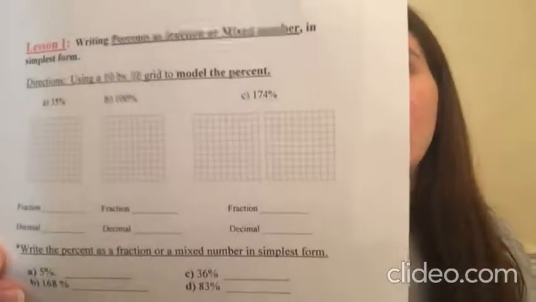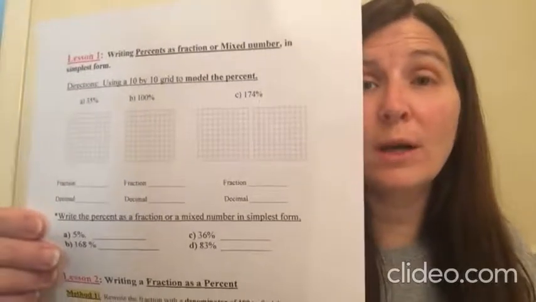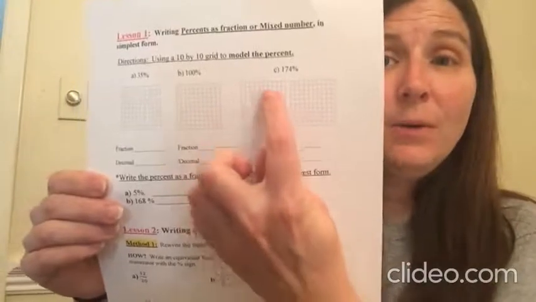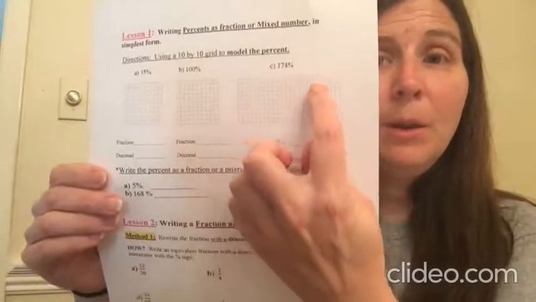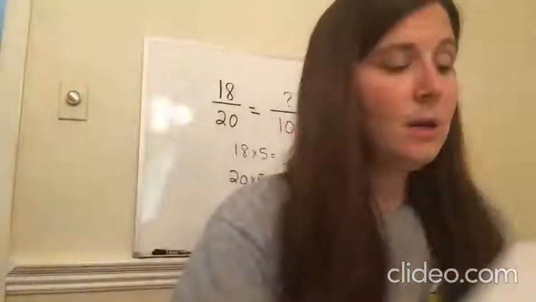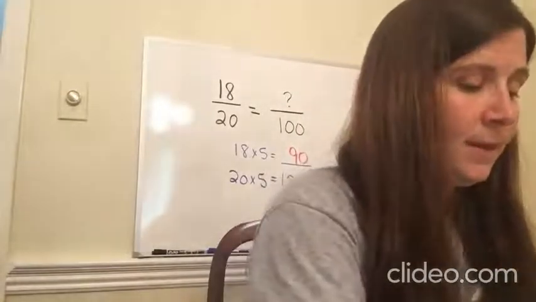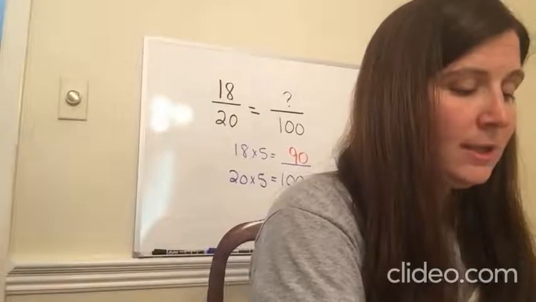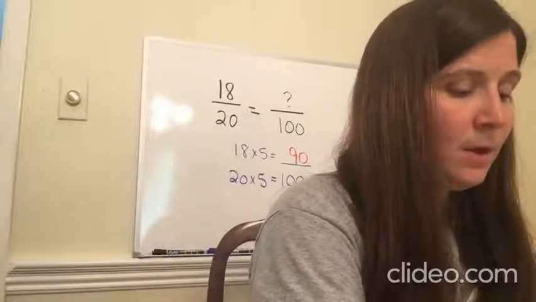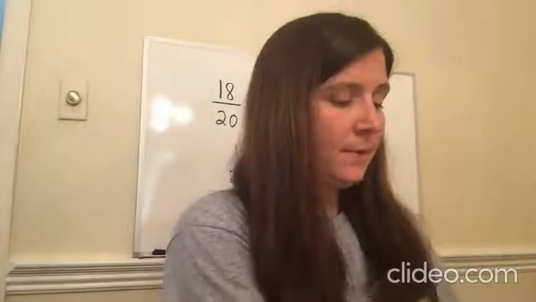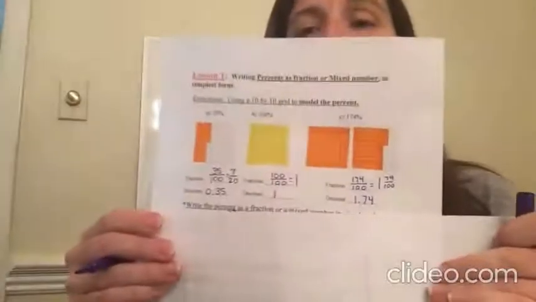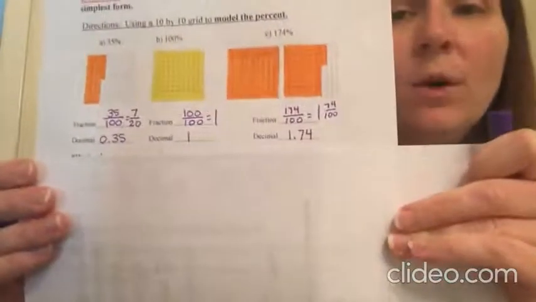And then the last one is 174%. Now, if you have a percent that's over 100, that means you're going to have an entire one plus part of another one. So for 174%, you would have 174 over 100, which the decimal for that would be 1.74.